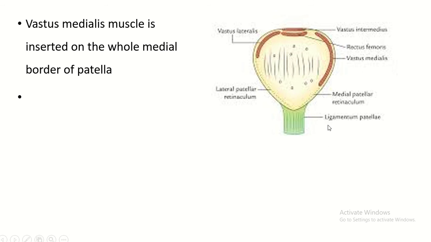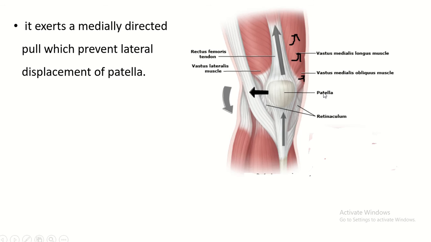Number 3 point. The extensive attachment of the vastus medialis at the medial side of the patella, and the pull of the vastus medialis prevents the lateral displacement of the patella.